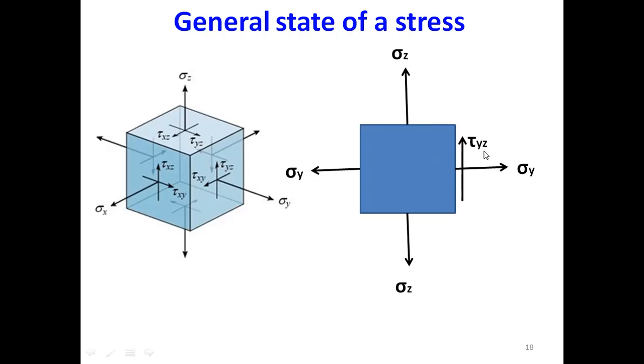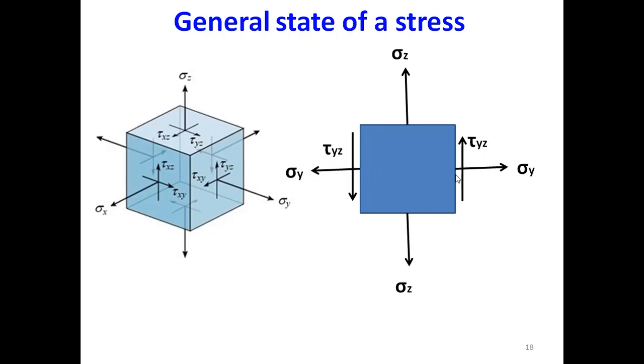It is applied along this face, but to make it visible it is shown a little away from the face, though remember it is applied on this face. Now look at this stress element. With this stress or load it would rotate. To make it in equilibrium, I draw the opposite stress on the opposite face here, tau yz.